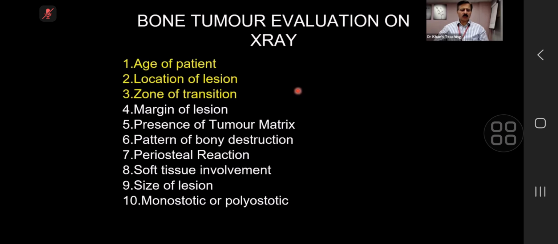Look at the things on your screen: age of patient, location of lesion, zone of transition, margin of lesion, presence of tumor matrix, pattern of bony destruction, periosteal reaction, soft tissue involvement, size of lesion, monoostotic or polyostotic. The top 8 of them should be considered in each and every case.